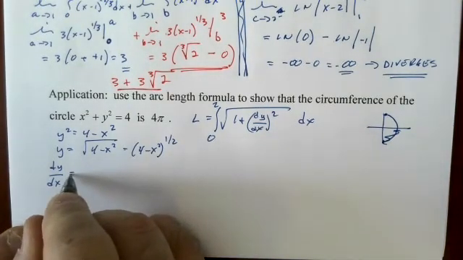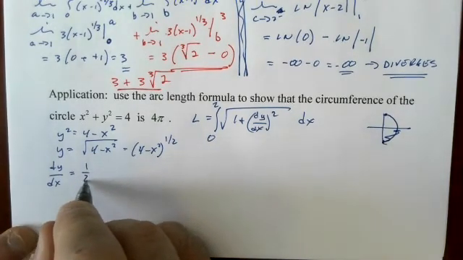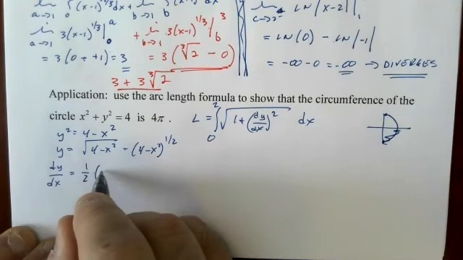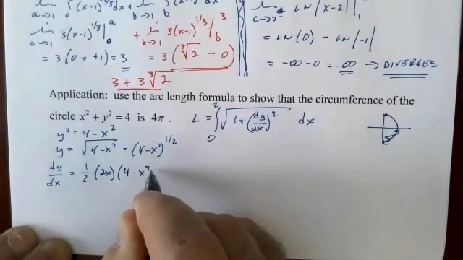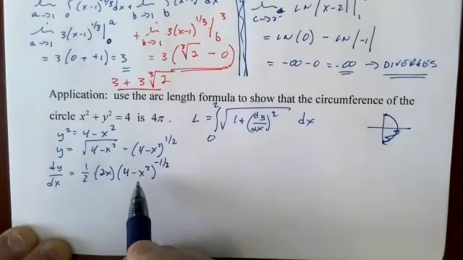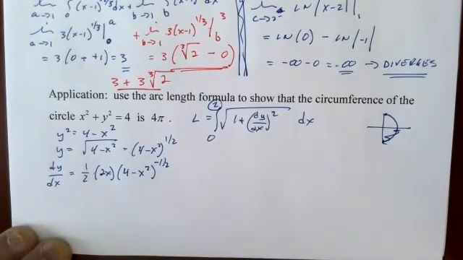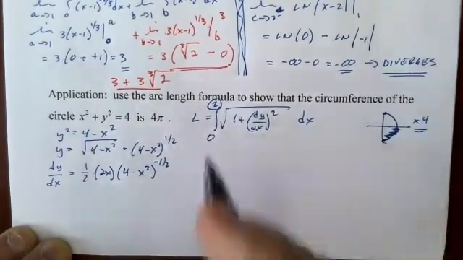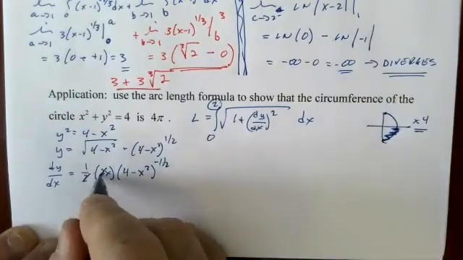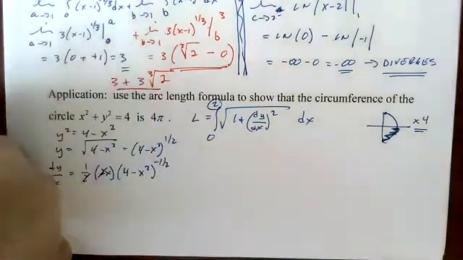Because I think we're going to end up with an asymptote somewhere in there. It's 1/2 times 2x times 4 minus x squared to the negative 1/2. So I can't put in 2. We're going to have to fix that. And when we're done, we're going to multiply by 4. I'm not going to throw that in, it's just going to cause problems.